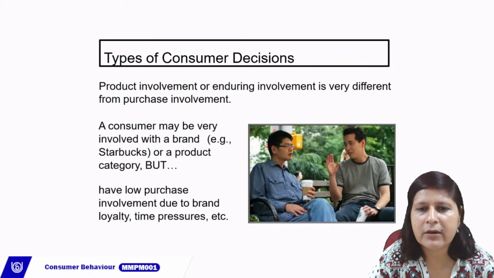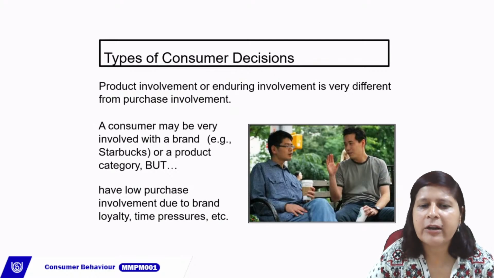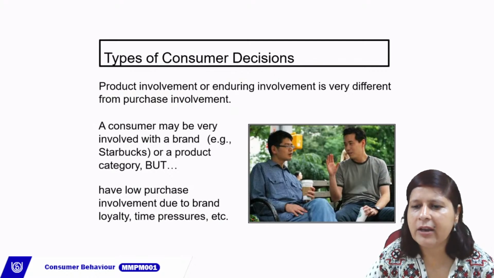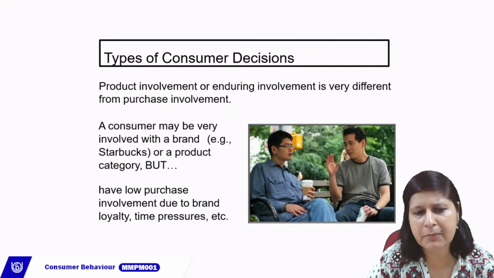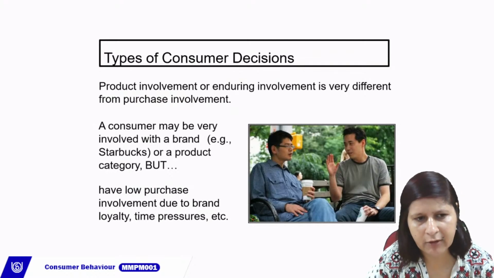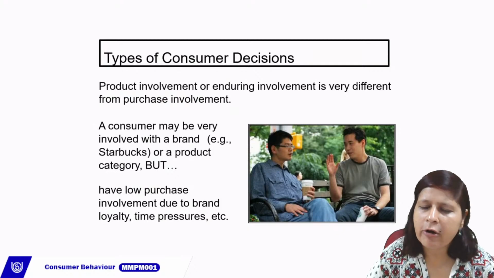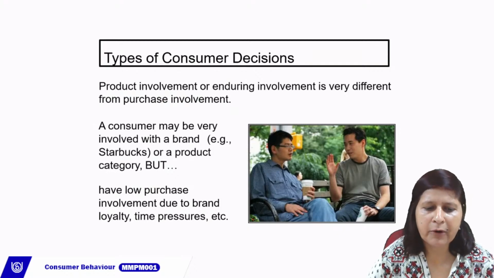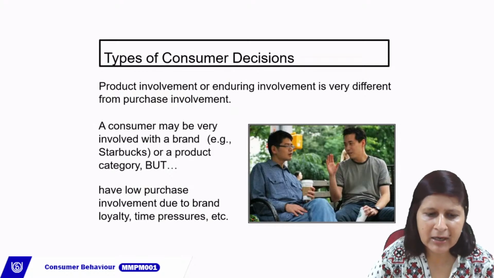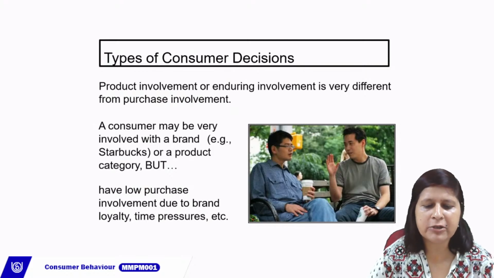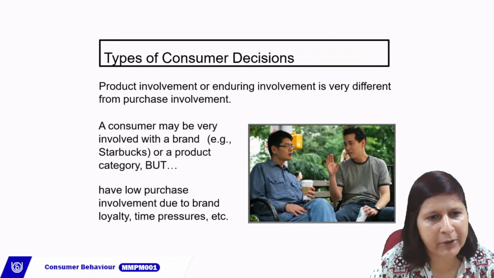Types of consumer decisions. Product involvement or enduring involvement is very different from purchase involvement, right? A consumer may be very involved with a brand or the product category but have a low purchase involvement due to brand loyalty and time pressure.